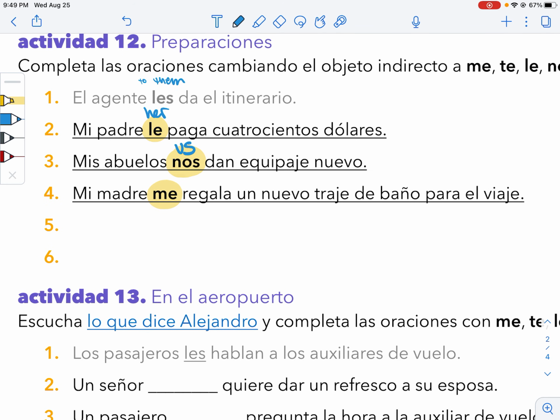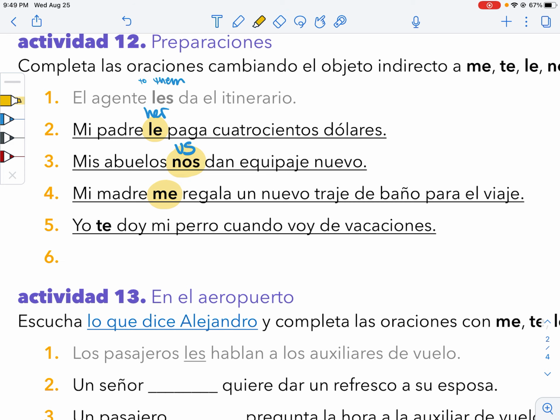Número 5. A ti. We're giving this to you. We're going to say te. I give you my dog when I'm on vacation, because dog sitting is a noble endeavor. I highly recommend it, by the way. Y número 6, al auxiliar, to the flight attendant, or to the assistant, to whomever, le damos.